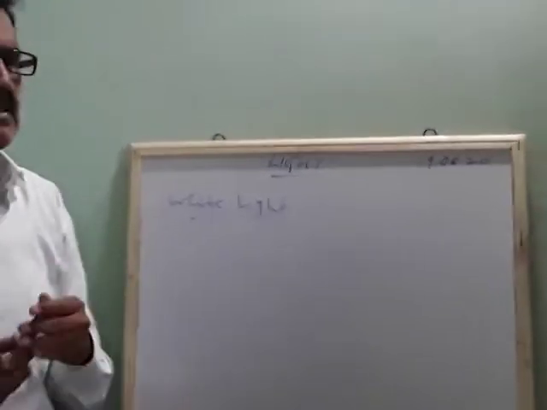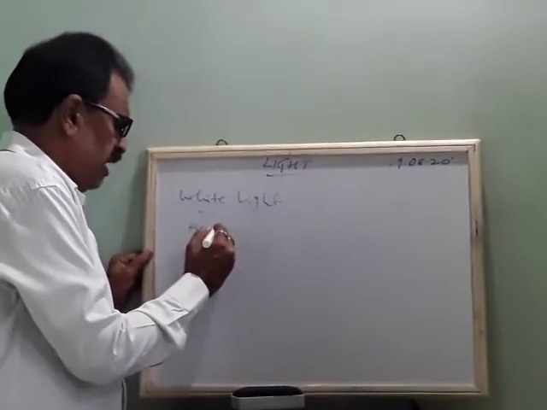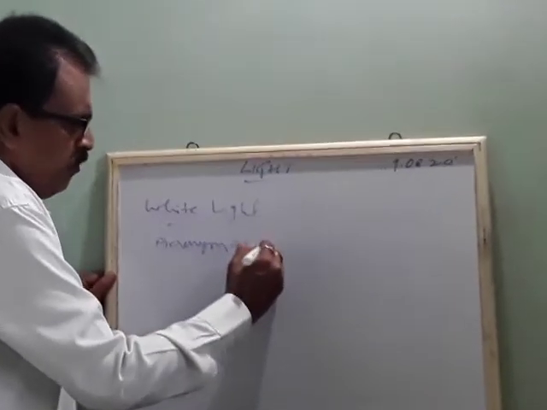A rainbow contains how many colors? Generally we use an acronym. What is that acronym? VIBGYOR.